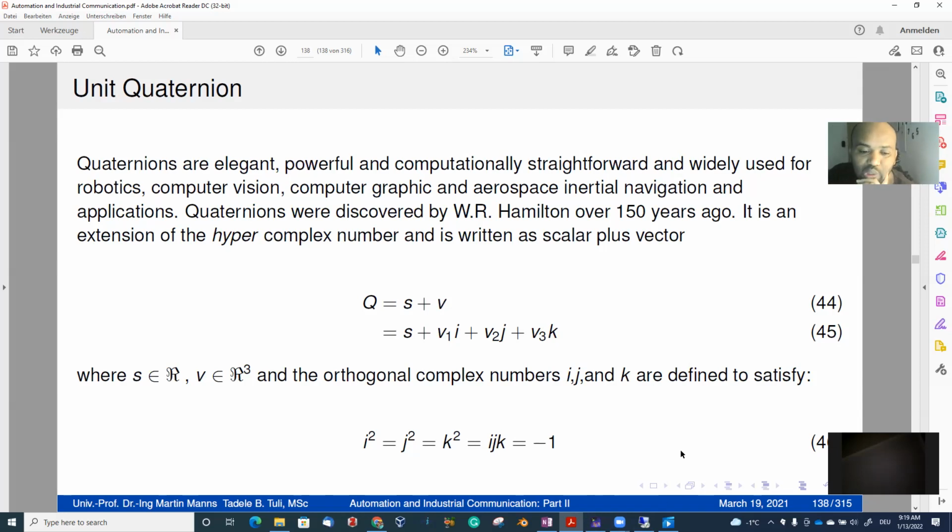So they are represented with this kind of equation: the magnitude plus the vector of rotation along x plus the vector of rotation along y plus the vector of rotation along z, or something like this. Here i, j, k are imaginary, so it fulfills the complex numbers.